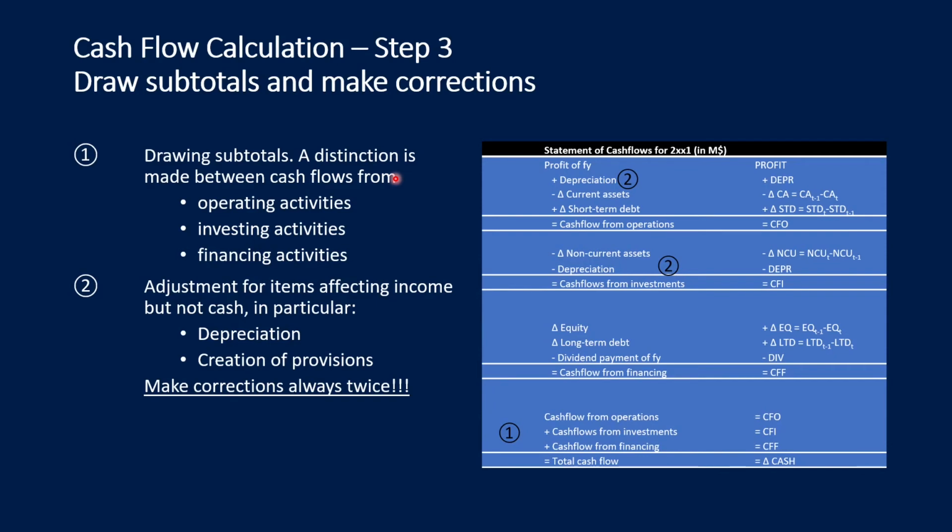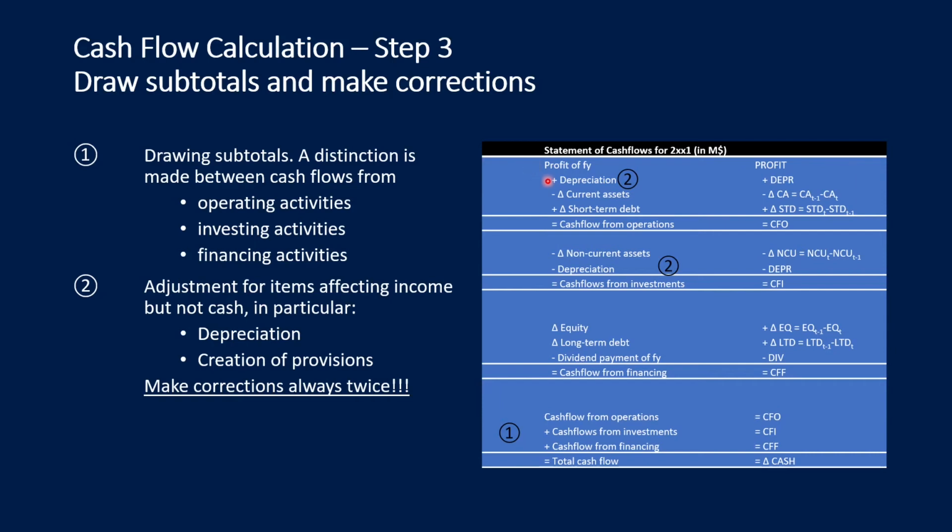If we now order all those items that explain the cash flow and we draw some subtotals, we get this. Now the subtotals, of course, are the cash flow from operations, the cash flow from investments, and the cash flow from financing. What comes into the cash flow from operations? Of course, the profit of the year.